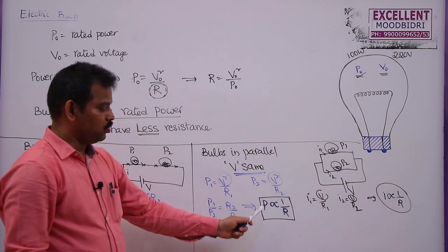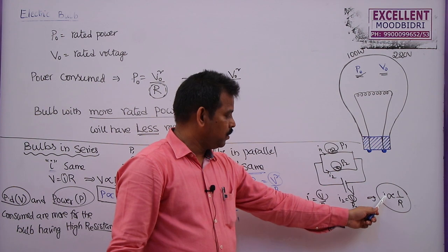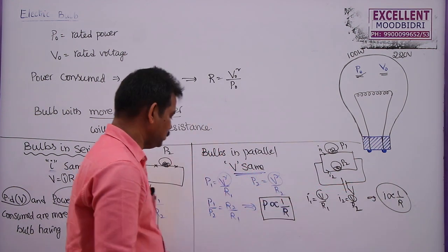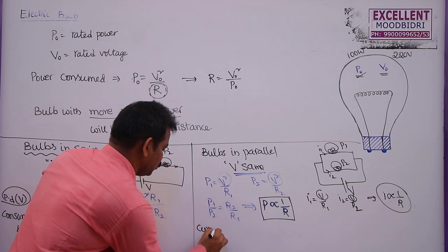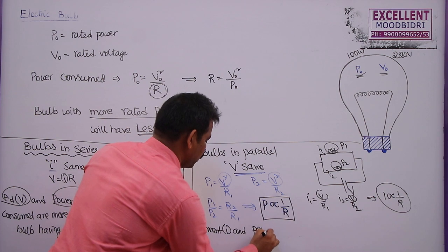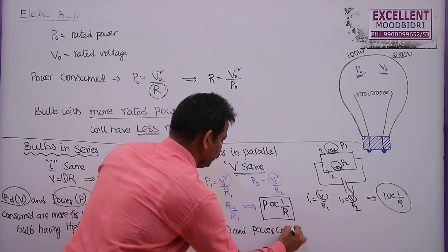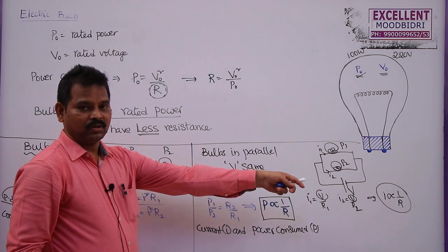You can see these two, the power consumed as well as the current passing through a bulb, are inversely proportional to the resistance. So from this we can write that current through a bulb, that is I, and power consumed, that is P, are inversely proportional to resistance.